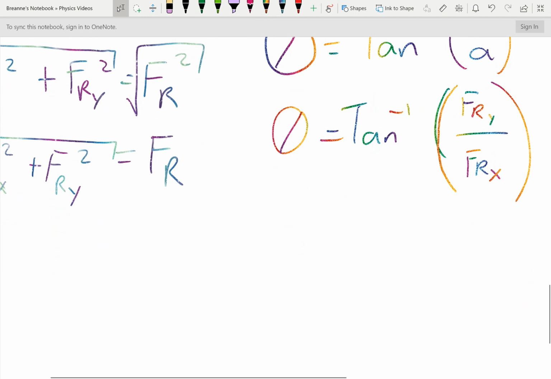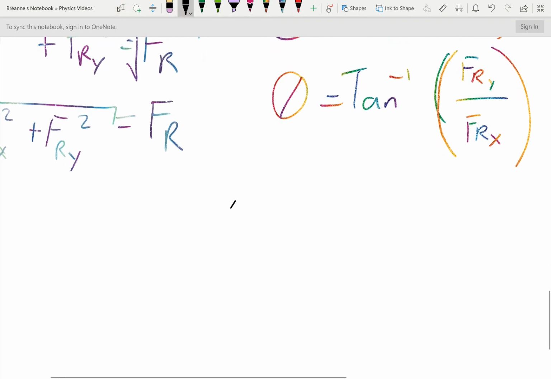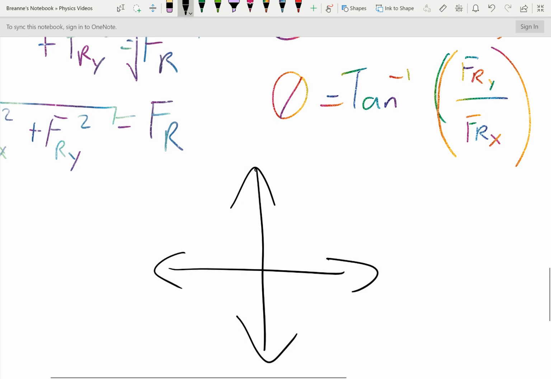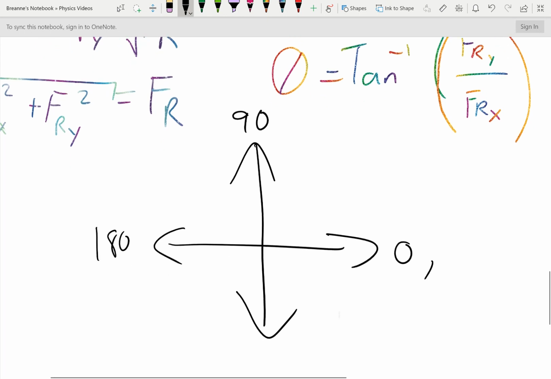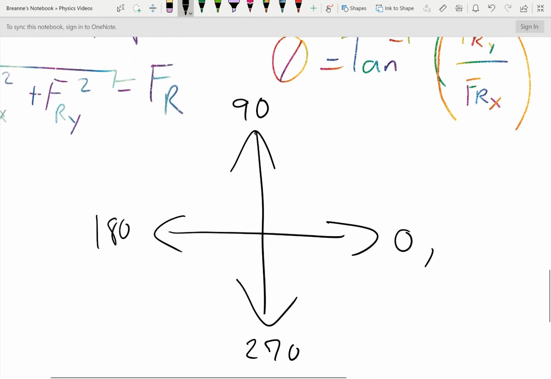Now, it depends which direction it's going, whether that angle stays the same. Because you have to remember, you have to go back to your quadrants. So going to your quadrants, you have 0, 90, 180, 270, and 360.